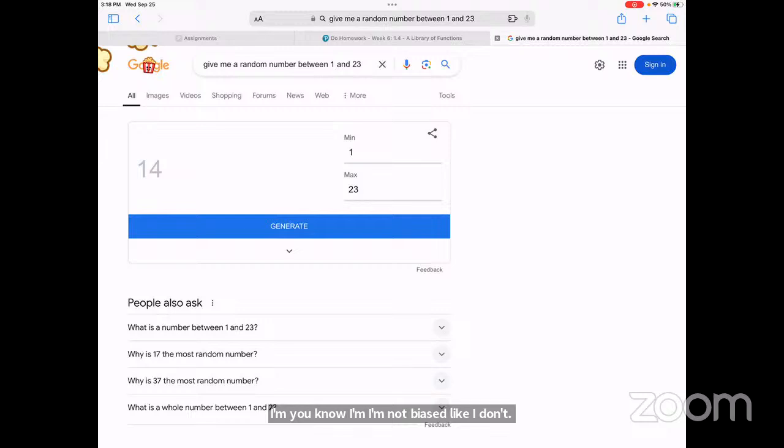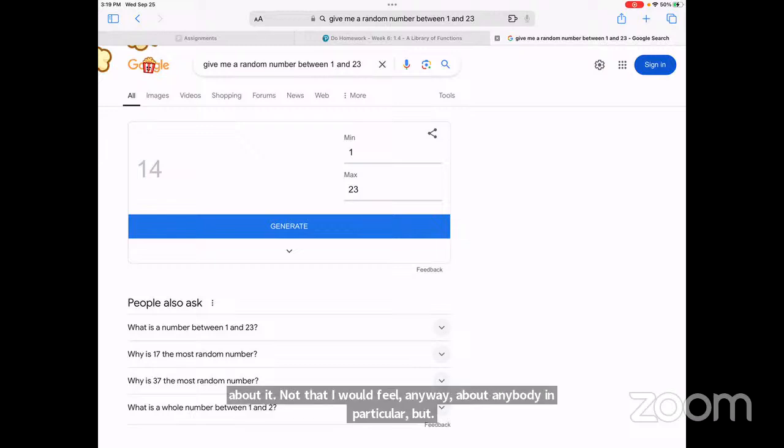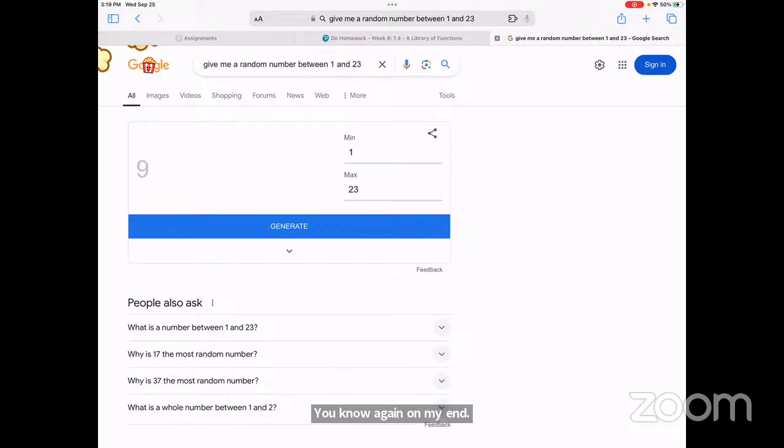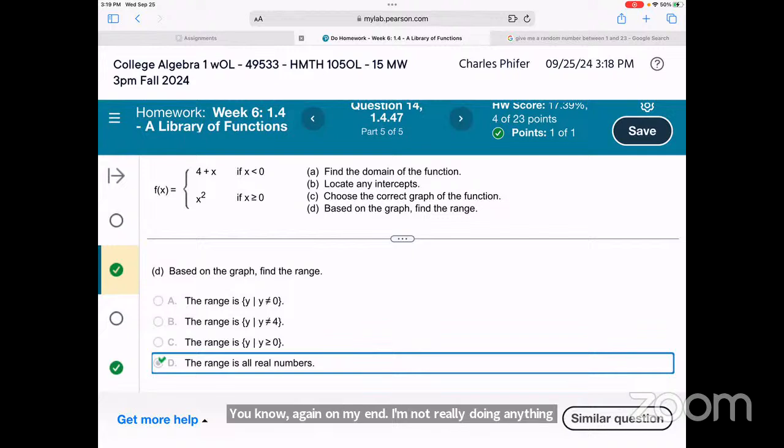If you've gotten it right, it doesn't matter how I feel about you. Not that I would feel any way about anybody in particular. All I do is make myself available, answer questions, try to encourage you all, and write down what you guys are doing and then crunch the numbers. But there's no bias on my end for any of this.